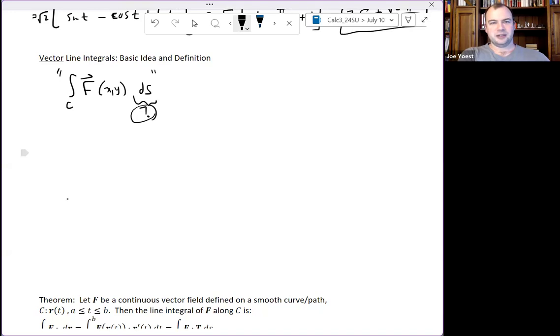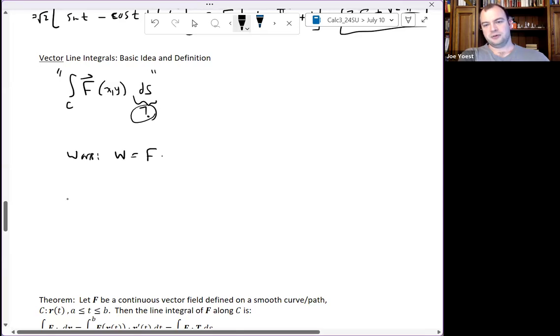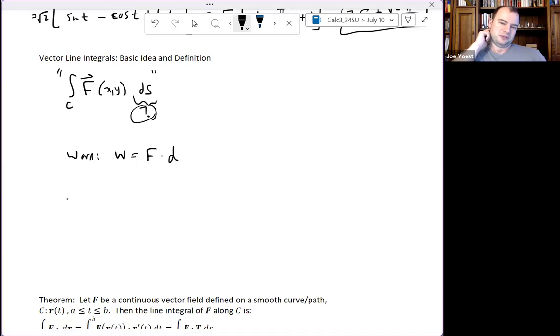So from very basic physics, high school physics, we have work is force times distance. That's not a dot product, that's just a regular old times. So here, force is constant and distance is constant. Force is constant, and importantly, we're in 1D, so the force is in the same direction as the distance.